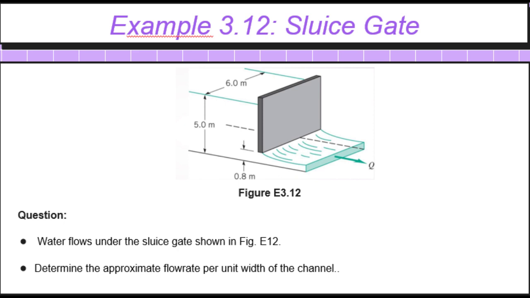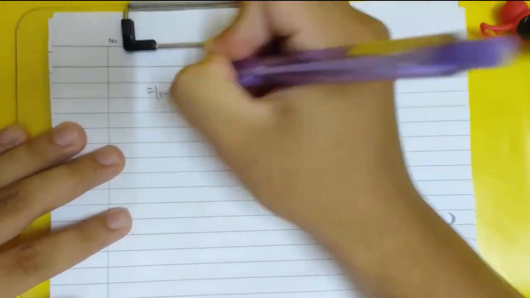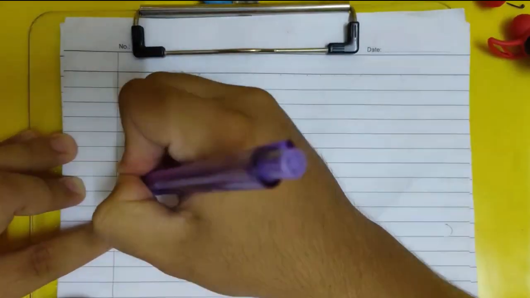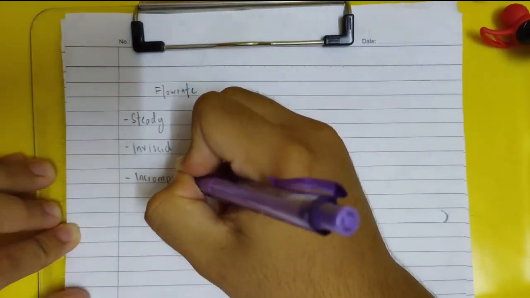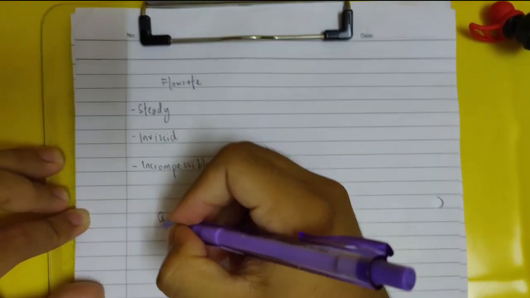Next, for example 3.12, the figure shows the water flow under the sluice gate. The question asks to determine the approximate flow rate per unit width of the channel. First, we assume that the flow is steady, inviscid, and incompressible. So, we can apply equation 3.18 to obtain Q over b, which is the flow rate per unit width.